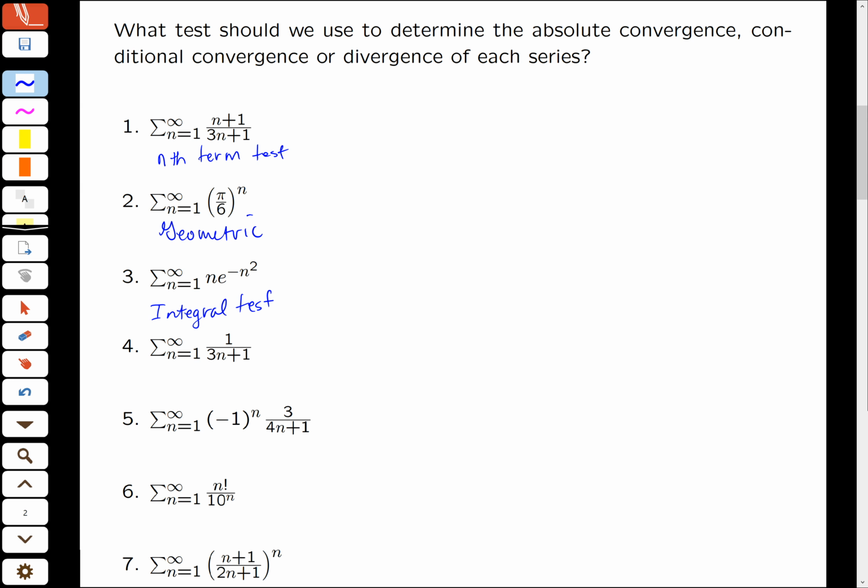This one has to be a limit comparison to your series of 1 over n. You can't do a direct comparison because it's smaller than 1 over n, but the series of 1 over n is our harmonic series, and that one diverges. So smaller than a divergent doesn't tell us anything.